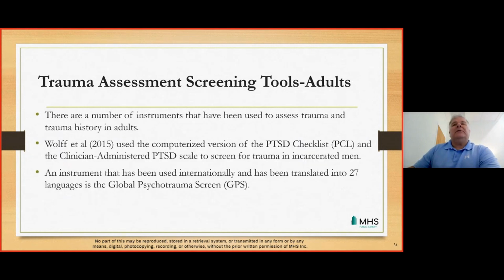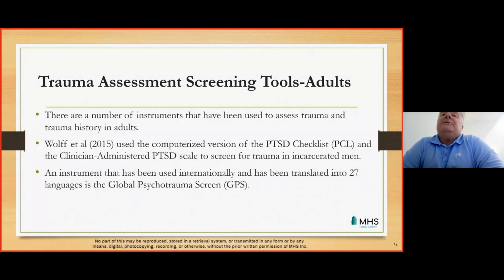For the adults, there are a number of instruments. Dr. Wolf used the computerized version of the PTSD Checklist, or the PCL, and a Clinician-Administered PTSD Scale to screen for trauma in incarcerated men in a study that she published in 2015.